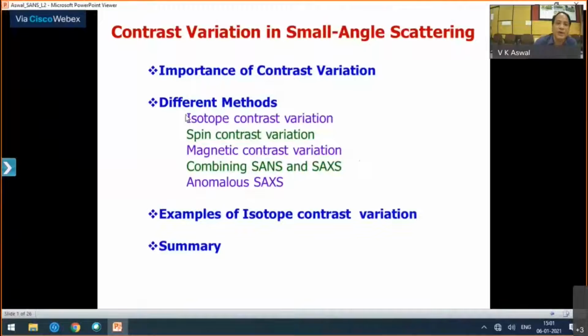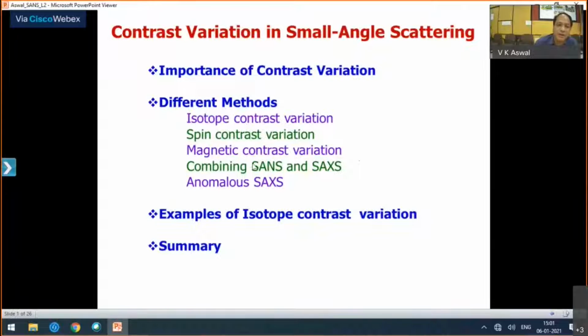Contrast means to simplify the system. So there will be many ways in small angle scattering by which you can simplify your system. These are named isotope contrast variation, spin contrast variation, magnetic contrast variation, and also combining small angle neutron scattering with small angle X-ray scattering and anomalous small angle X-ray scattering.